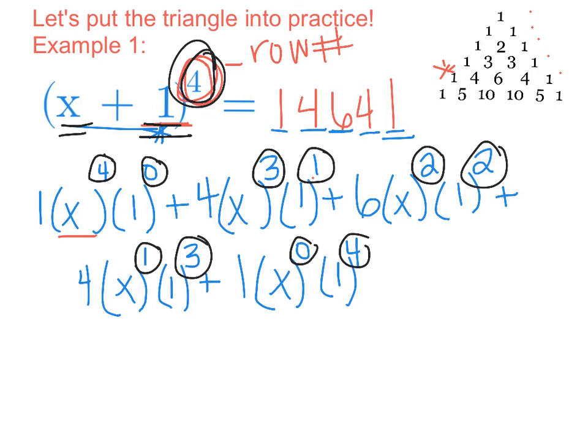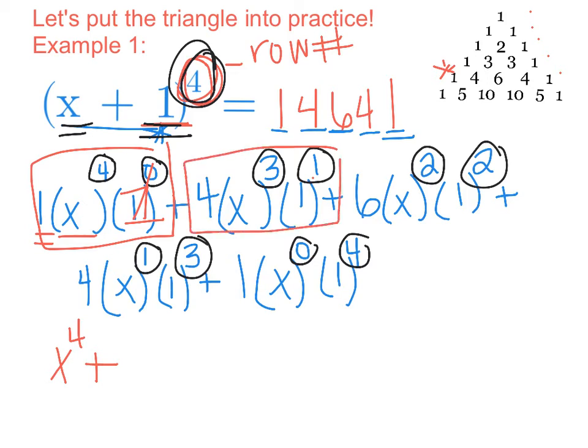So now we're going to simplify. So this one right here is going to simplify to be x to the 4th, just x to the 4th, because 1 to the 0 gives me 1. And of course, x to the 4th times 1 gives me x to the 4th. Plus, this one, we have 4 times x to the 3rd times 1, so that's just 4x to the 3rd. Plus, now this next one.